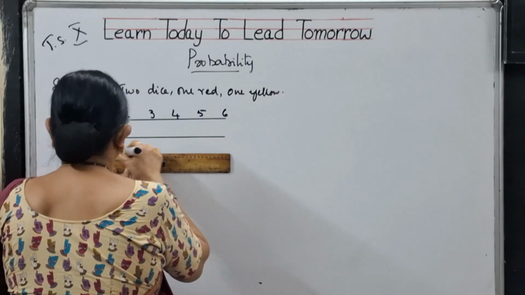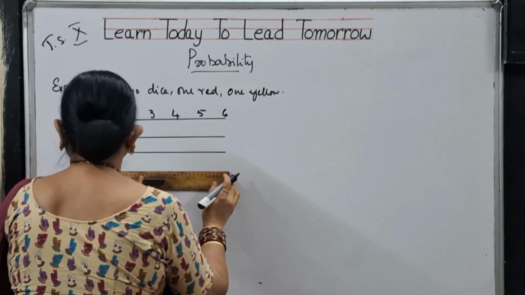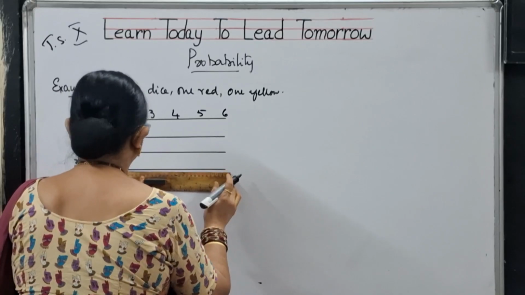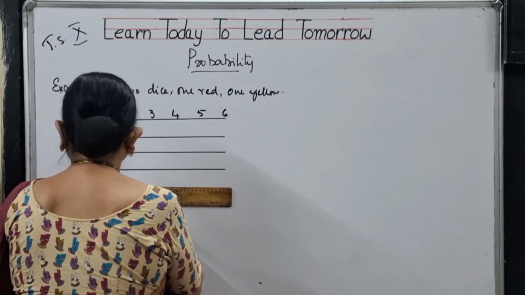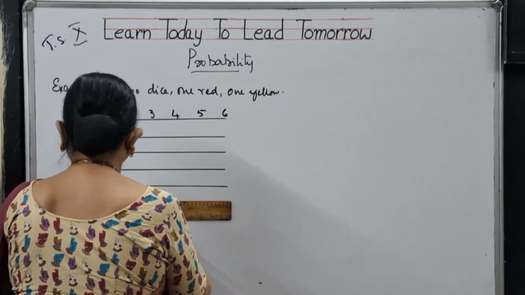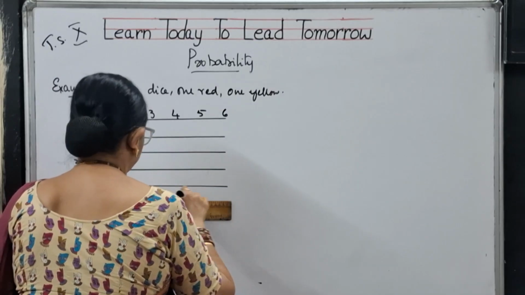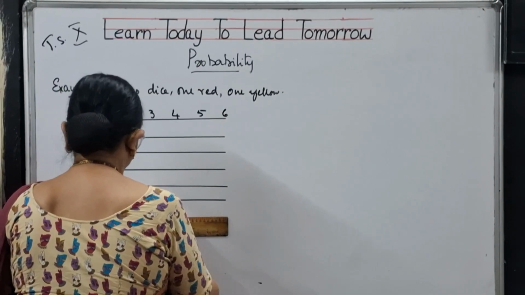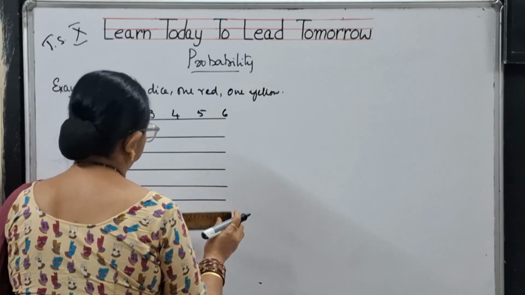We can write the sample space only when you draw this checkerboard, otherwise we'll be confused and we may miss some numbers also. So the easiest way of getting the possible outcomes is drawing this checkerboard.